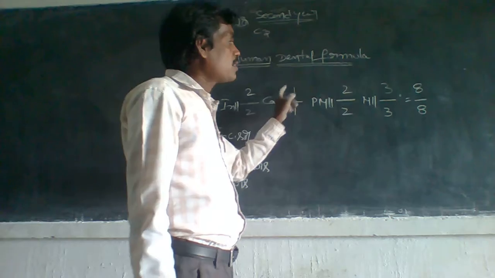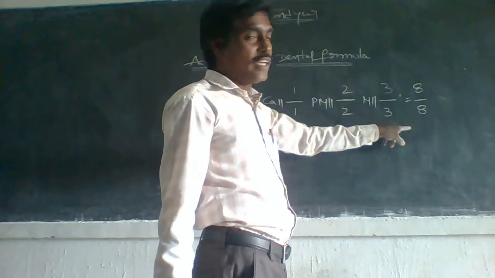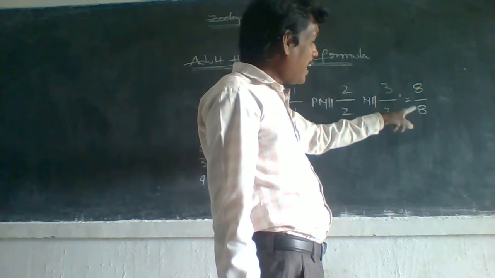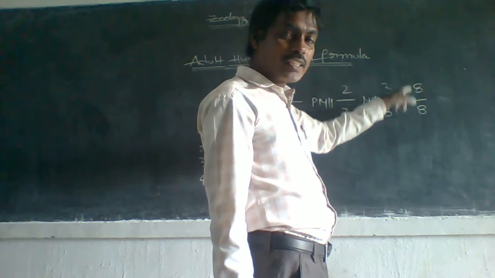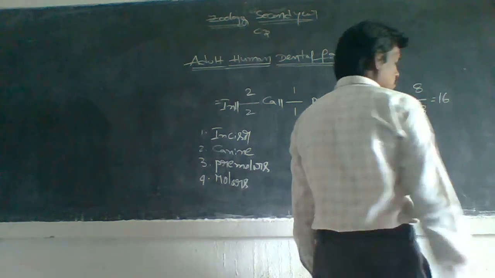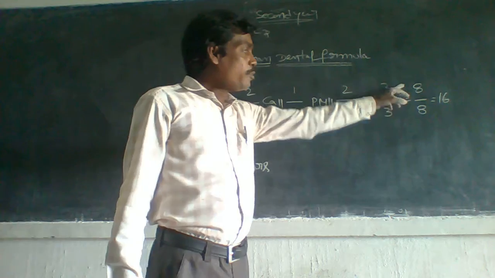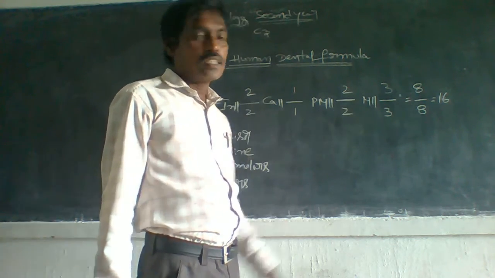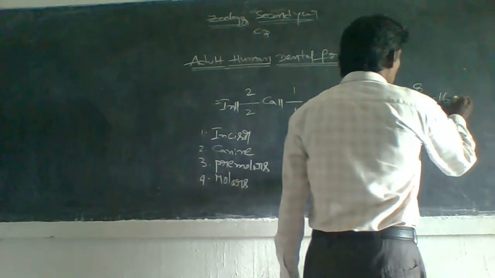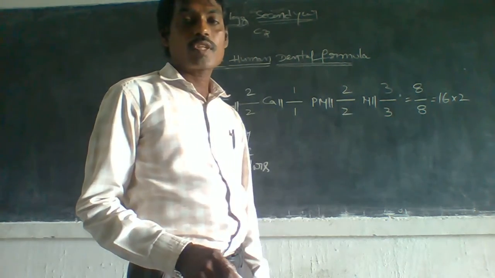Total teeth: 8 in the upper jaw and 8 in the lower jaw. 8 plus 8 equals 16.